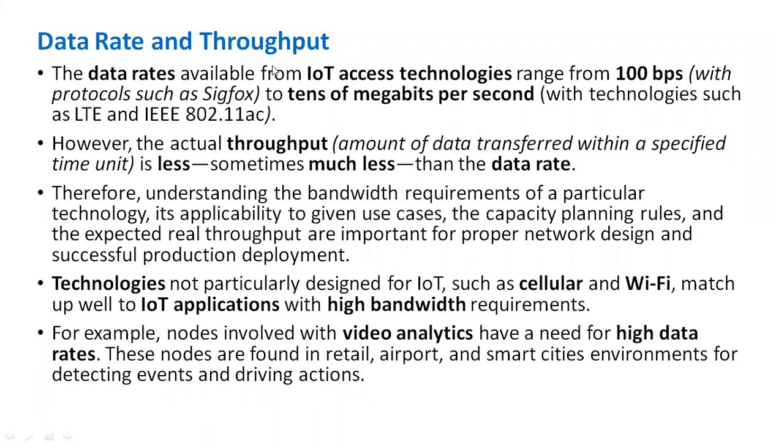So data rates in IoT access technologies will be in this range, small to large. Lower to higher. The smallest data rate will be 100 bps and the maximum will be tens of Mbps.